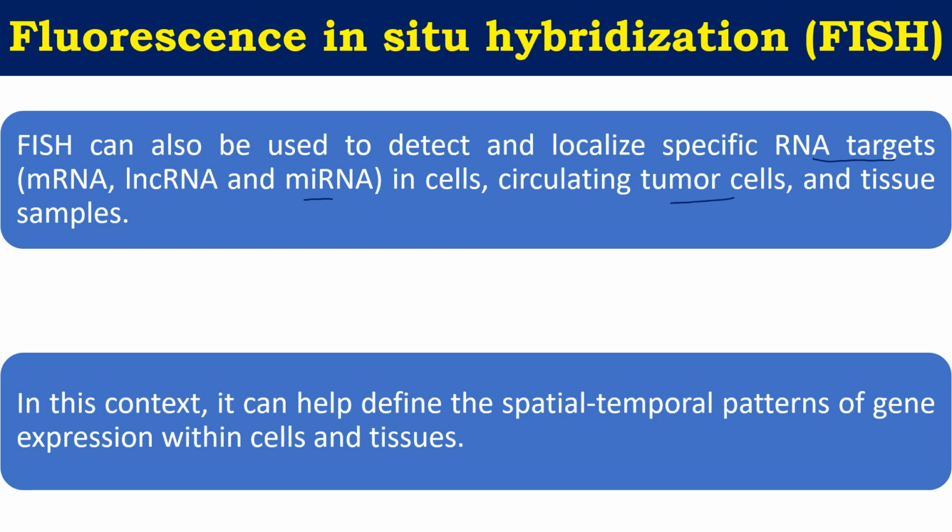In this context, it can also help define the spatiotemporal pattern of gene expression within the cell or tissue. This technique was first developed by biomedical researchers in the early 1980s to detect and localize the presence or absence of a specific DNA sequence on a chromosome. Fluorescent microscopy can be used to find out whether the fluorescent probe has bound to the DNA.